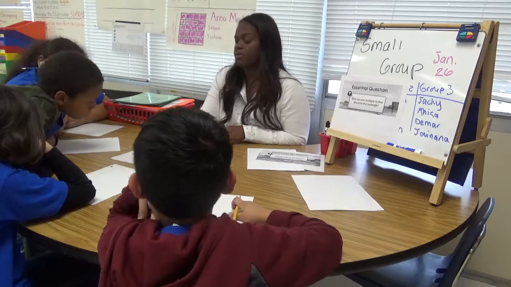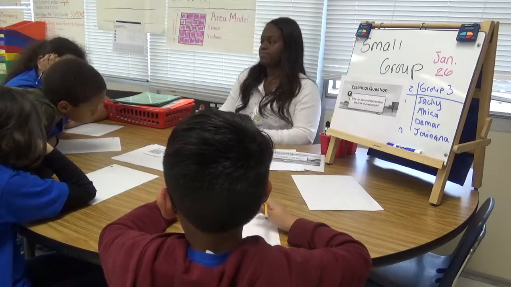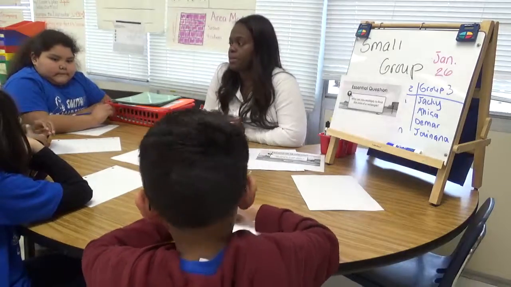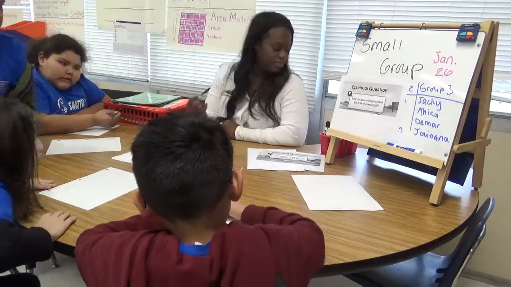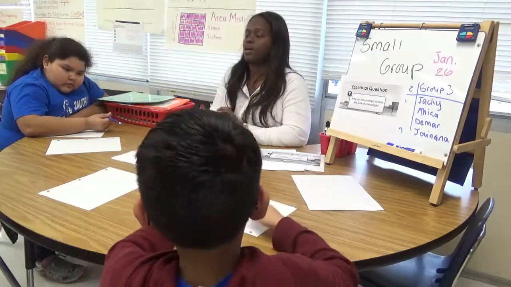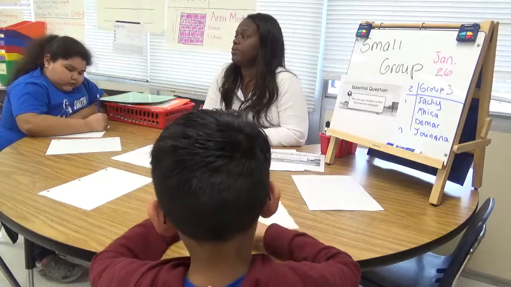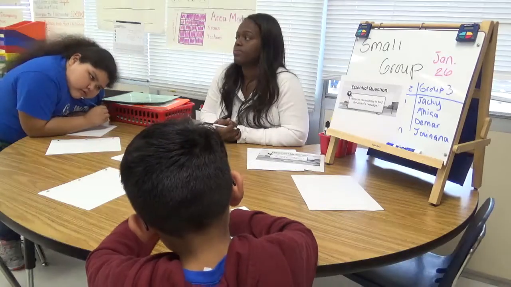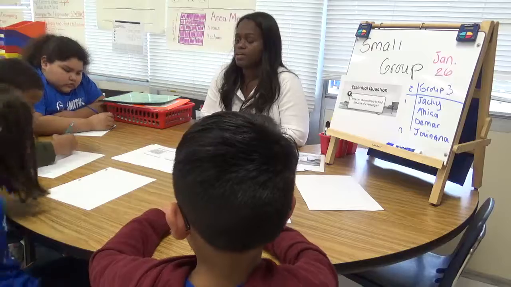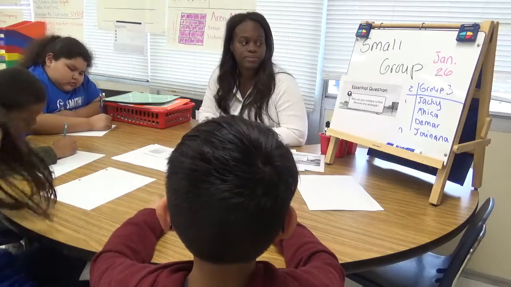Or you can just count the unit squares. Once you have the answer, write it down for me. Go ahead. You guys are too loud for math menu. So go ahead and write it down for me.